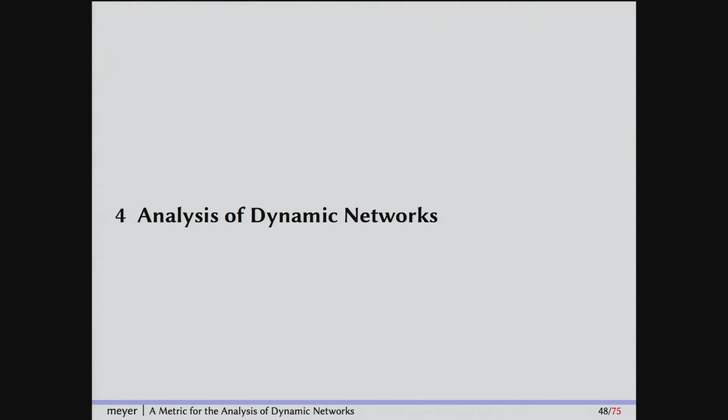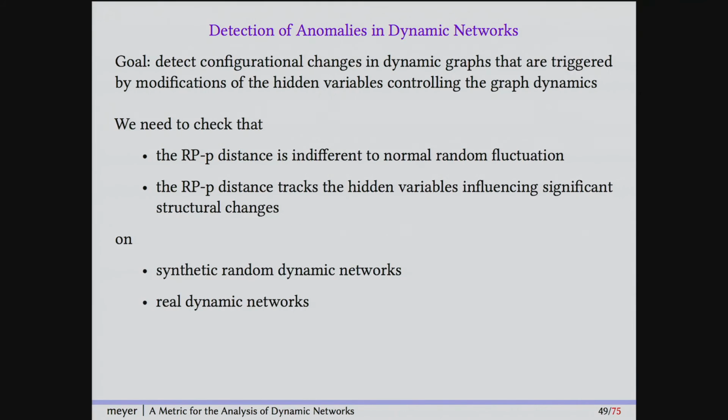What we want to do is use our metric to quantify how many changes we have between two successive time samples as we're walking through this time series of dynamic networks.